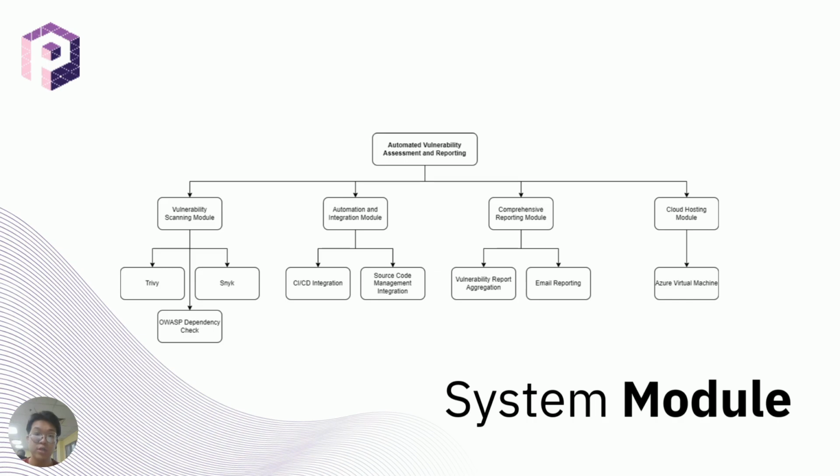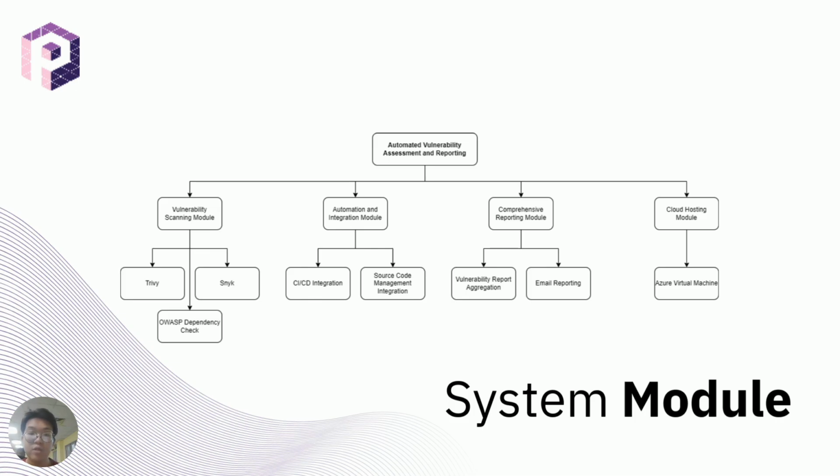My project consists of four different modules. The first is the vulnerability scanning module, which integrates three different vulnerability assessment tools: Trivy, OWASP Dependency-Check, and Snyk into the Jenkins CI/CD pipeline. The second is the automation and integration module, where I integrate the Jenkins CI/CD tool and the source code management tool GitHub into my project.